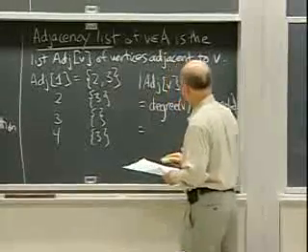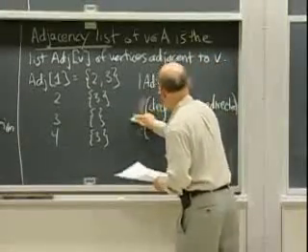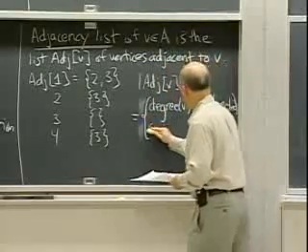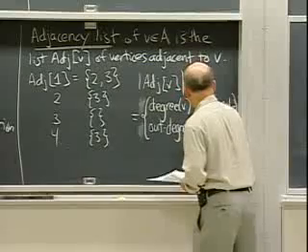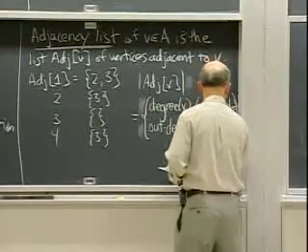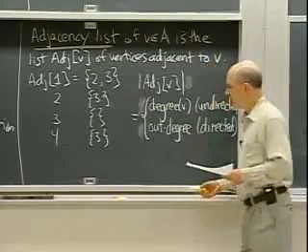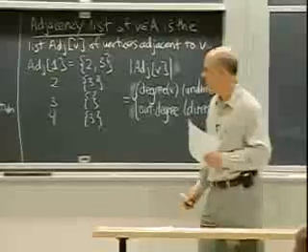In the directed case, the way we should do this is to say, if it's a degree, we call it the out-degree for a digraph. So in a digraph we have an out-degree and an in-degree for each vertex.